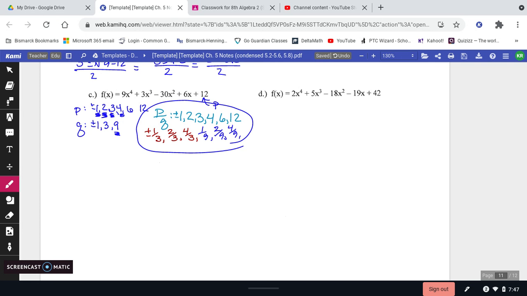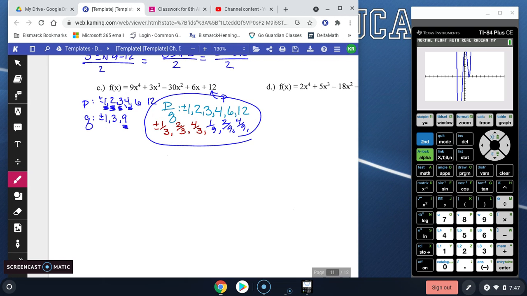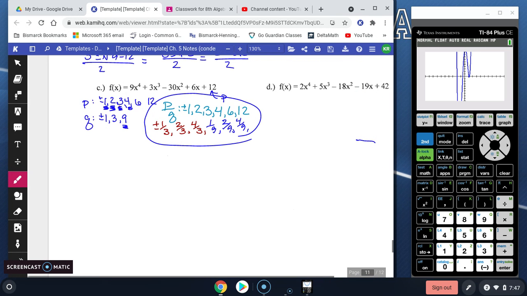All right, if we go back and look at our calculator, it looks like we might be able to pick out a couple of these and figure out where they are. If I go down here, I'm thinking that maybe -2 is a root.